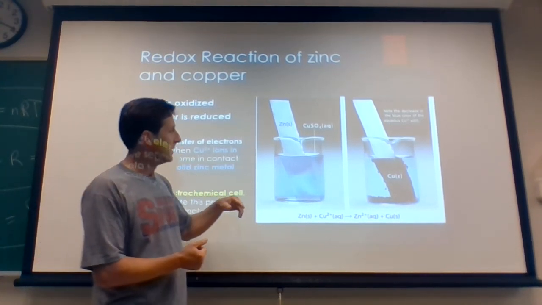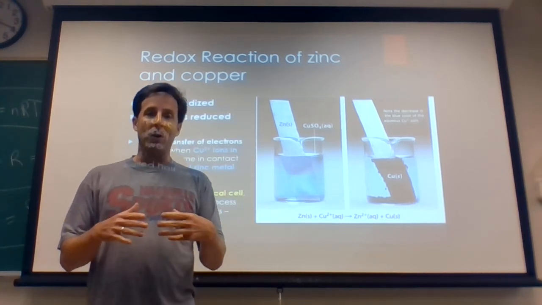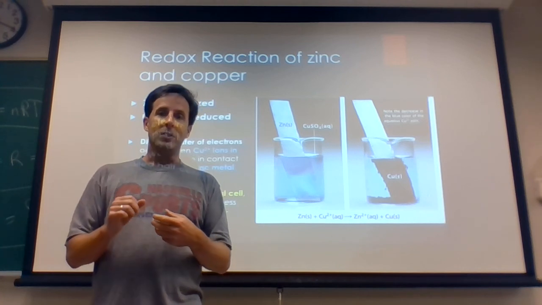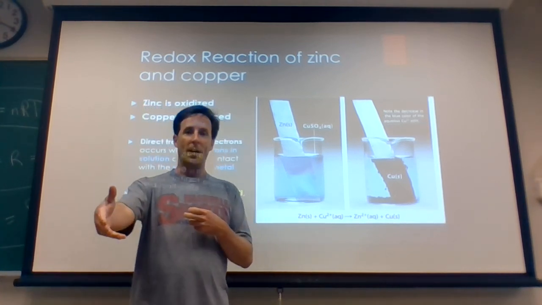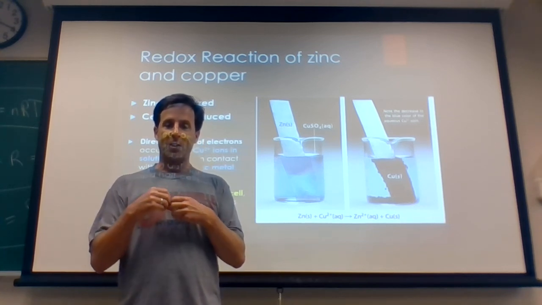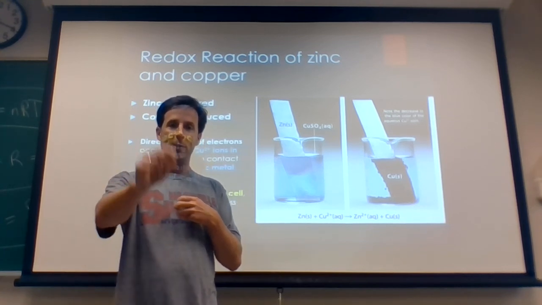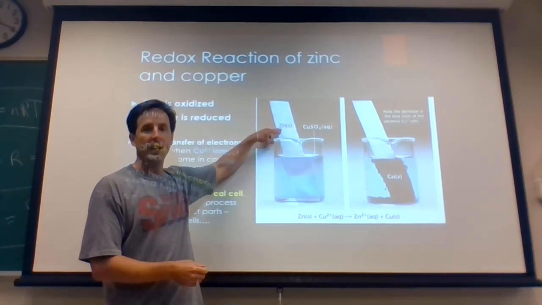And what happens is the zinc, when it goes in there, most metals want to have a positive charge. So the better zinc is at giving its electrons away, that means it's a reducing agent. Because if it gives its electrons away to another element, it's going to reduce the charge of the other element. So zinc is a pretty good reducing agent.